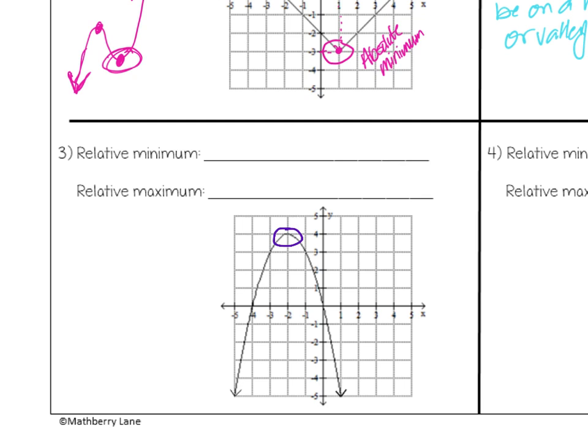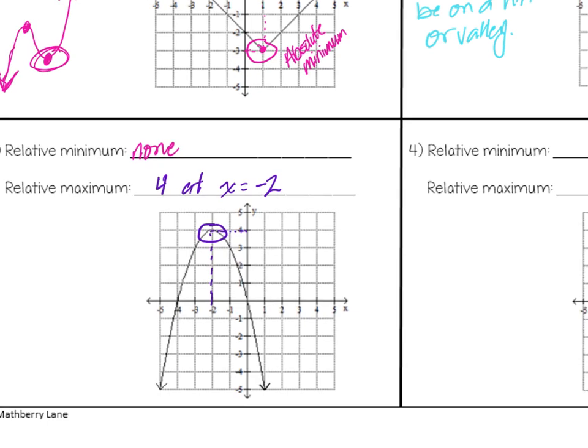I do not have any minimum, so on my minimum line, I'm just going to write none. And then on my maximum line, my high point is at 4, at x equals -2. Okay, nice job, Roberto.